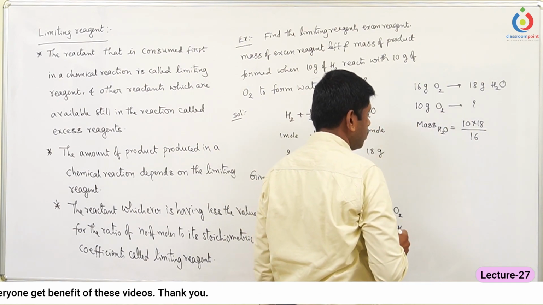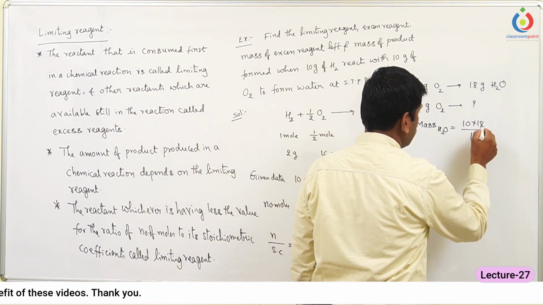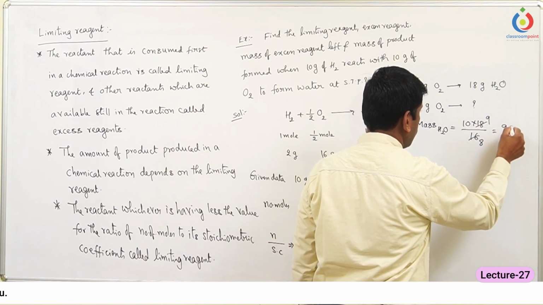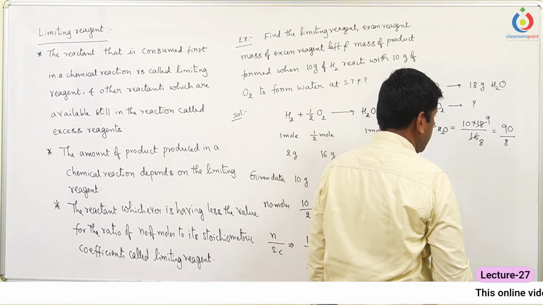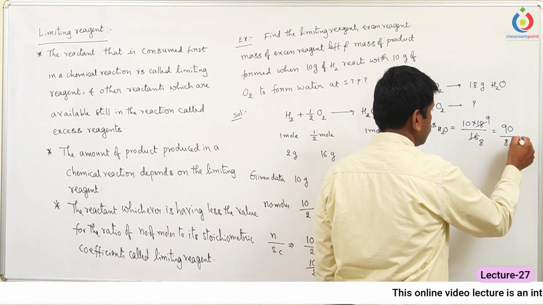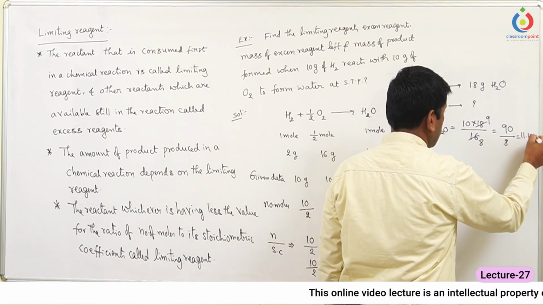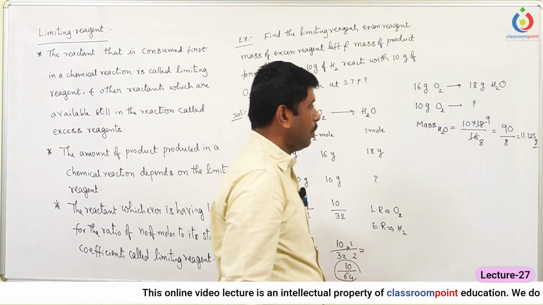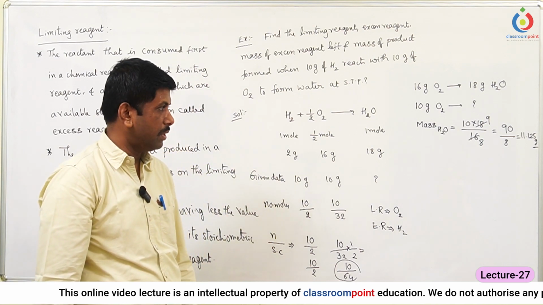So like this we can solve that. It becomes now 90 by 8, 11.125 grams of H2O can be produced in this equation.